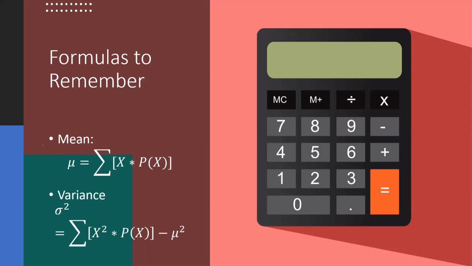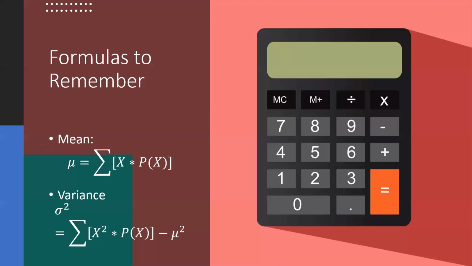When we say variance, it is done on a step-by-step basis. What we are going to do is find the square of x, then multiply it with each of the corresponding probabilities, namely p of x. So for the first x squared times p of x, we multiply the first x squared with the first p of x.